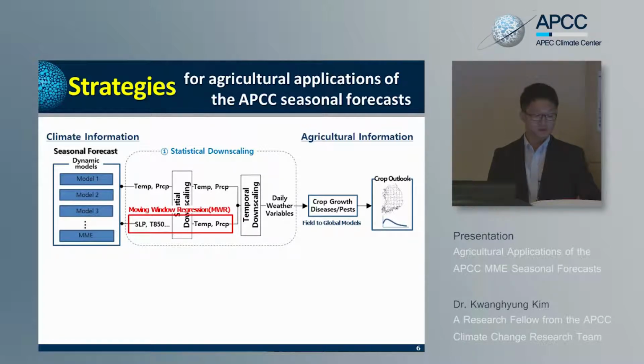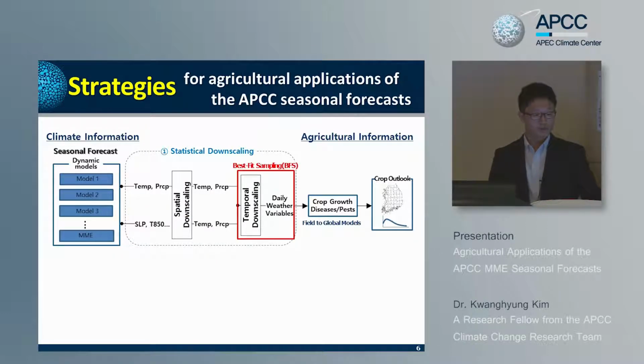Once we get spatially downscaled and bias-corrected information, which is still in monthly format, we conduct temporal downscaling with different methods. One of which was the so-called best fit sampling method, which selects best fit weather data from a pool of historic data or synthetic weather data.